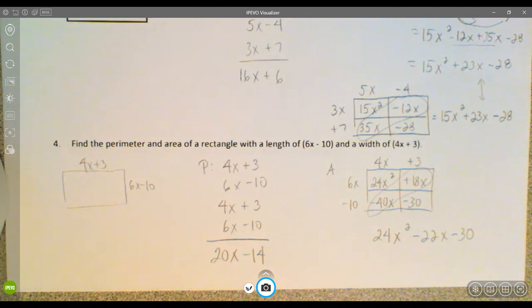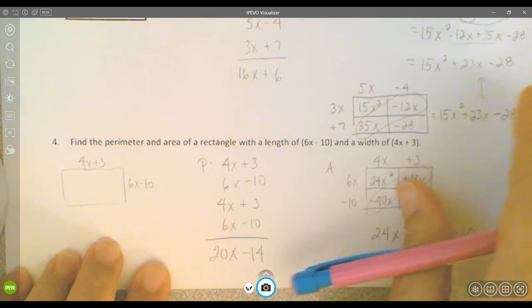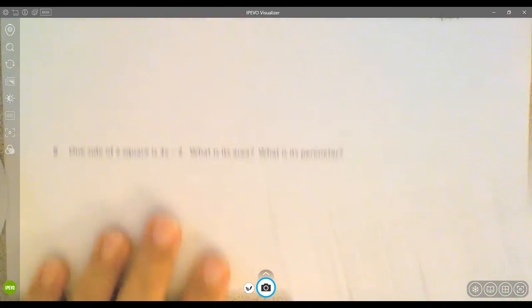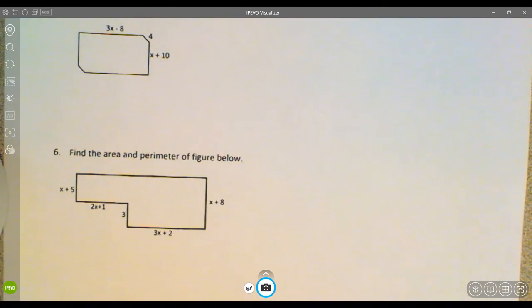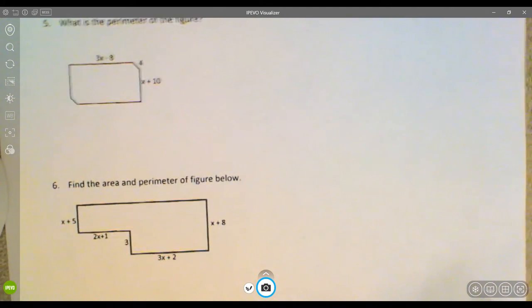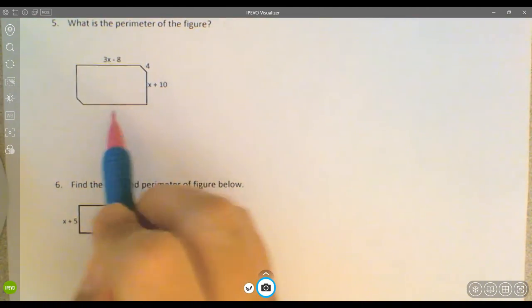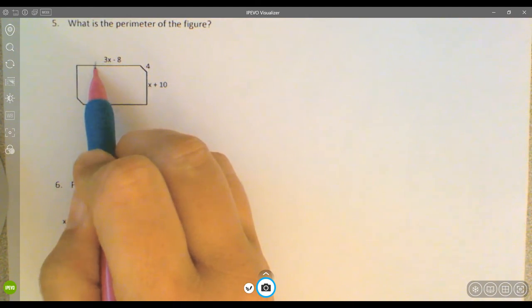Okay, so there's 1 through 4 from the practice of area and perimeter. Let's now look at some other ones. All right, what is the perimeter of the figure? I'm going to be honest here and tell you that I probably need to change this for next year, only because there need to be markings here.